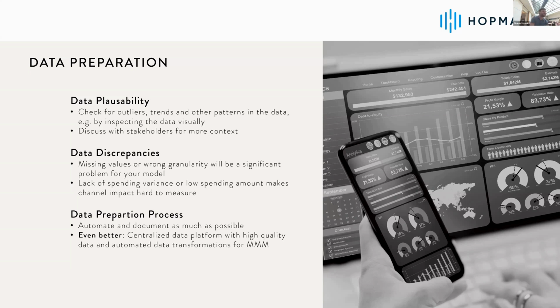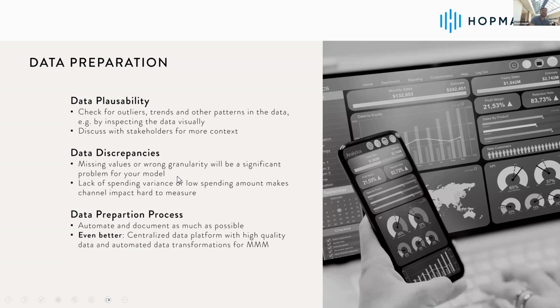because as always, if the data is not good, then your model will also not be good, and you will make some wrong decisions based on that. I already mentioned missing values. That's the biggest problem: if you actually spend something, but you don't get the actual values at the end, because maybe some agency did your marketing spendings in a specific channel for a specific platform some years ago, and you're just not able to get the data.